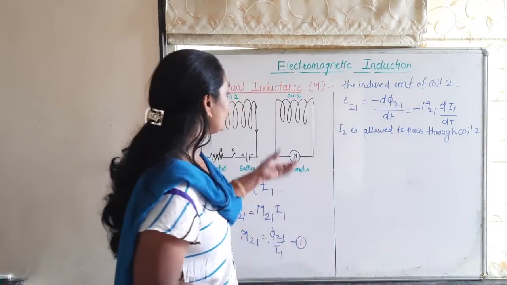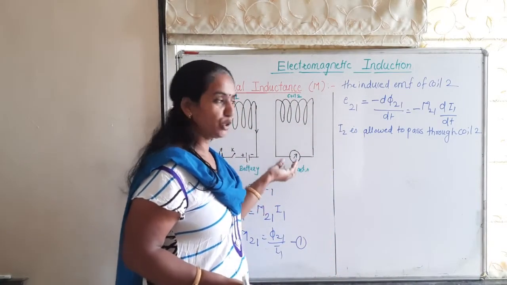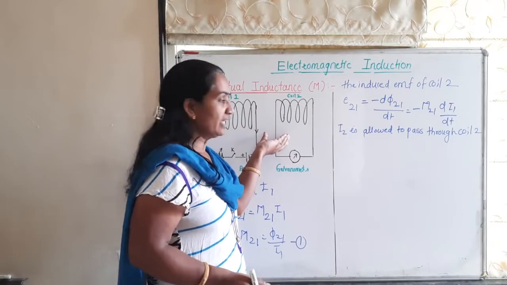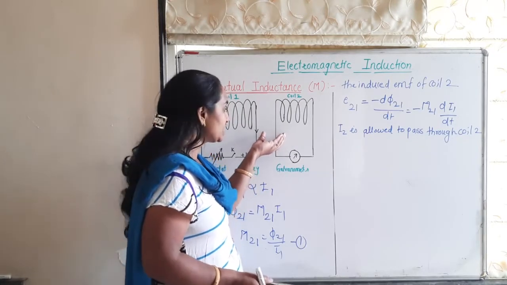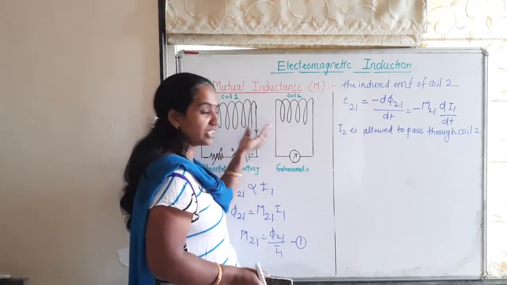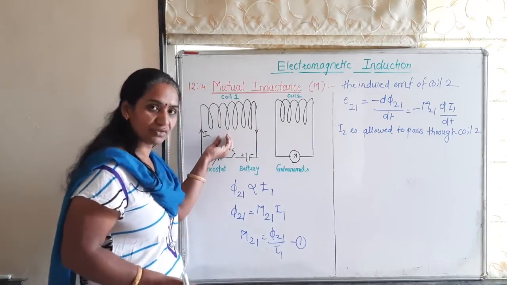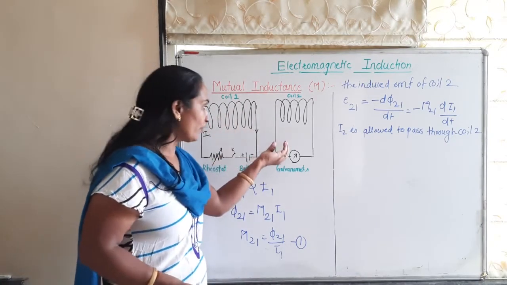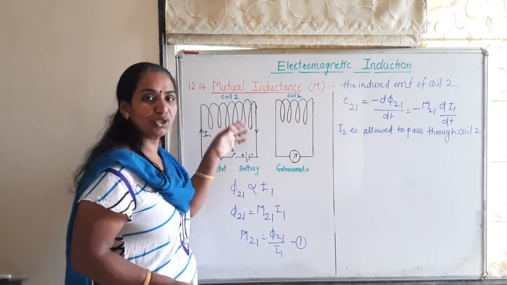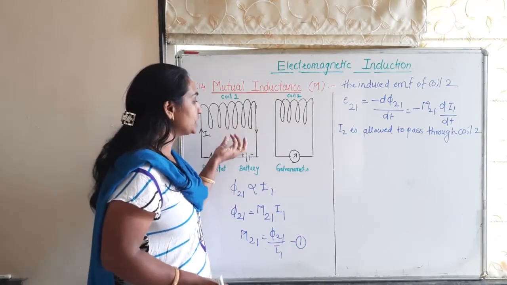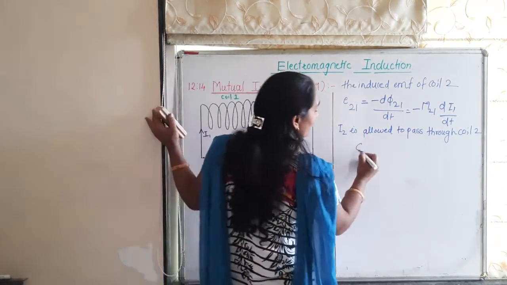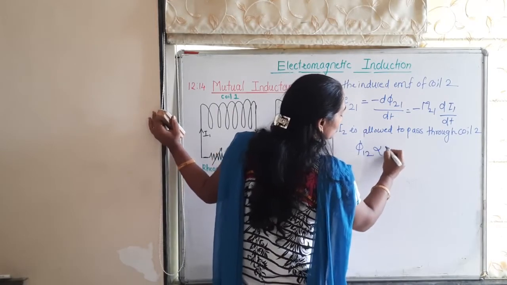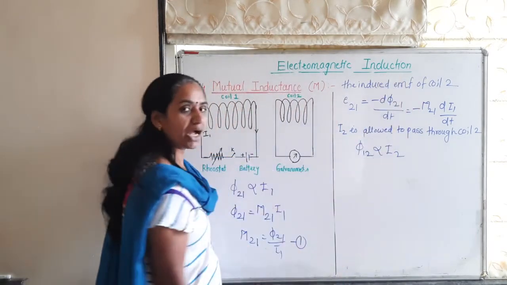Because of this current, phi 12, the flux through the surface area S1 of coil 1, is proportional to the current I2.